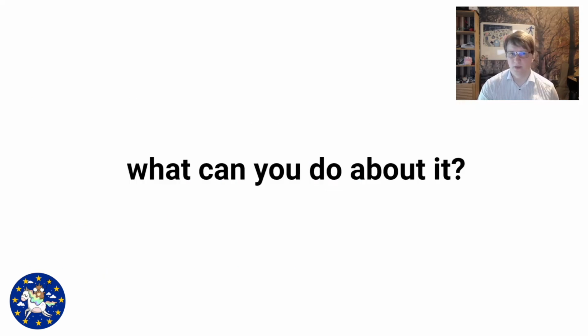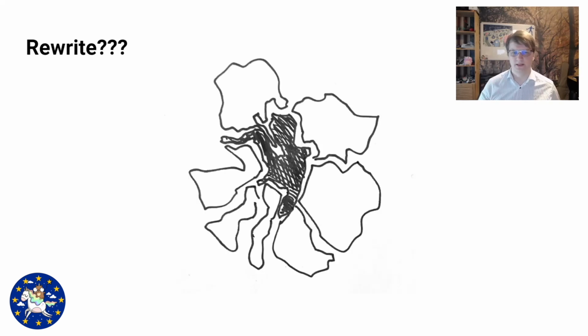So now you might ask, like, okay, technical debt, yeah, I roughly get the idea. What can you do about it? The first thing people want to do is rewrite everything. The issue with rewriting everything is that it's really difficult to rewrite large pieces of software. There are many places that have worked really well, and there are places that don't work as well.